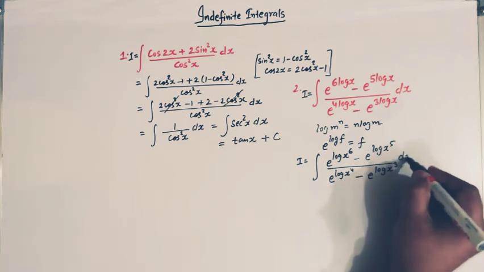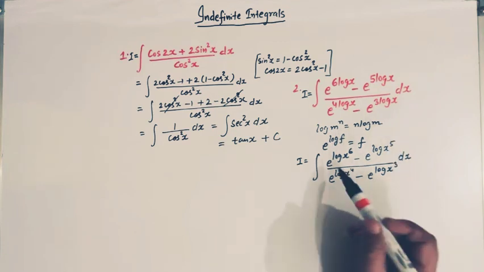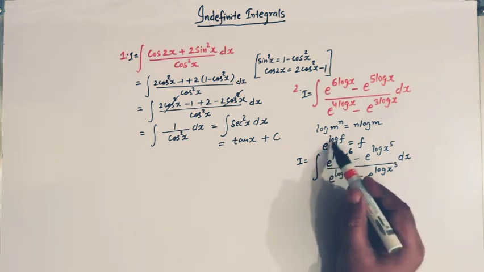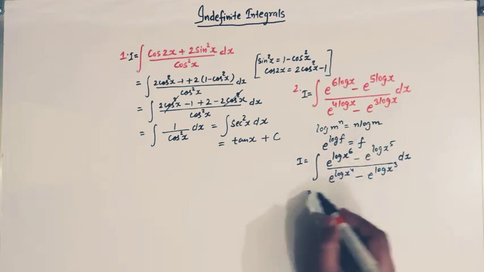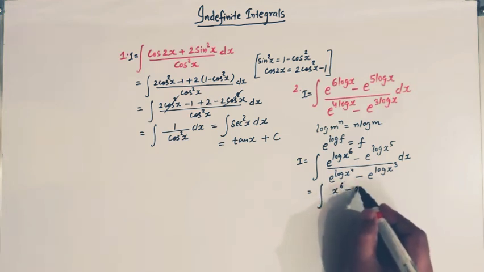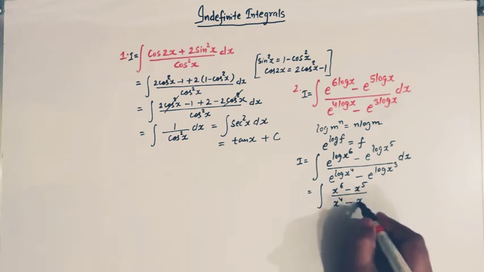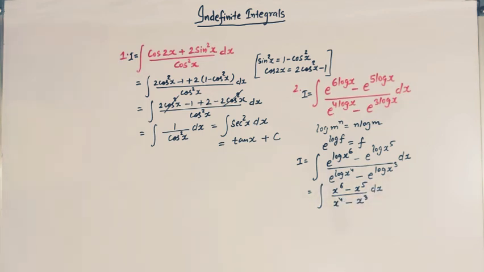right? Now here we have used this result, and now this is e raised to log f. So e raised to log f can be written as simply f. So now we can write this as x raised to 6 minus x raised to 5 divided by x raised to 4 minus x raised to 3. Clear? Okay.